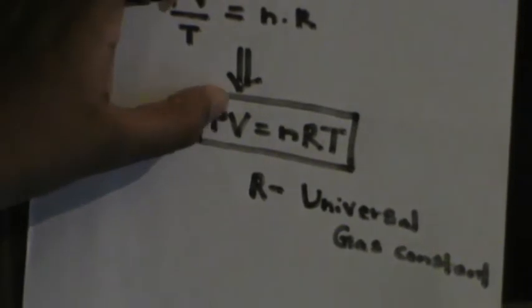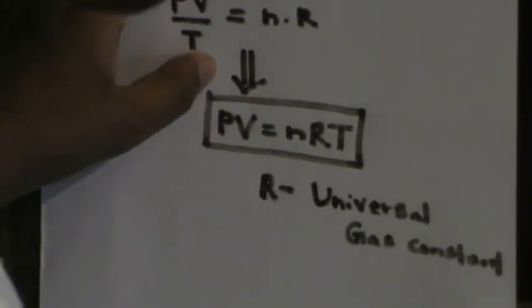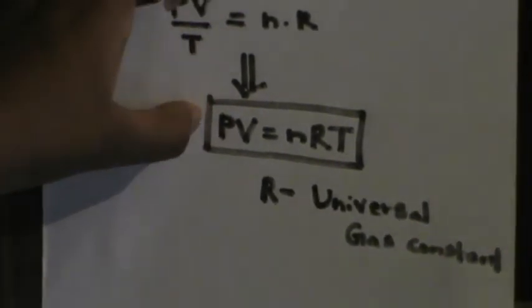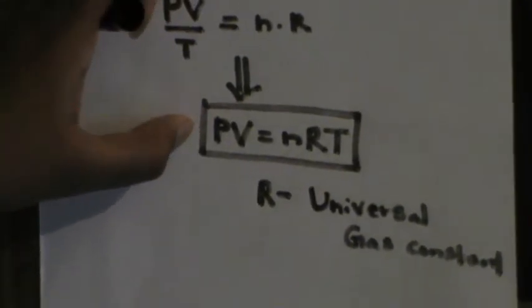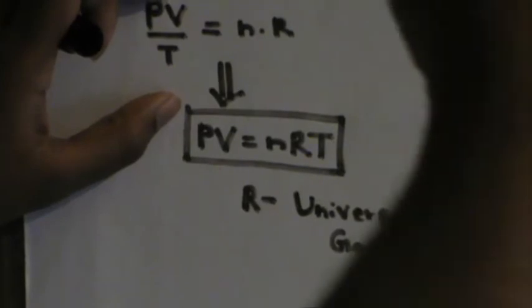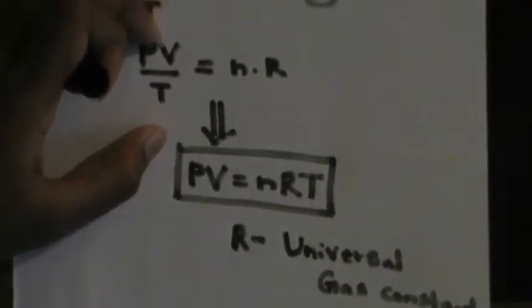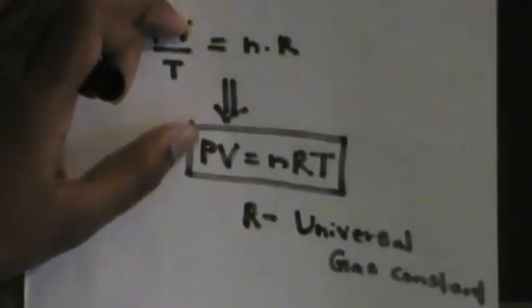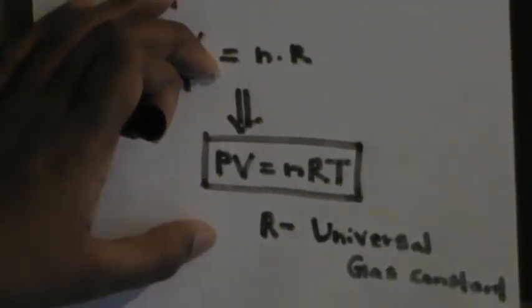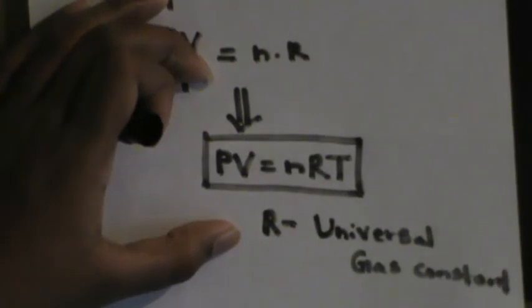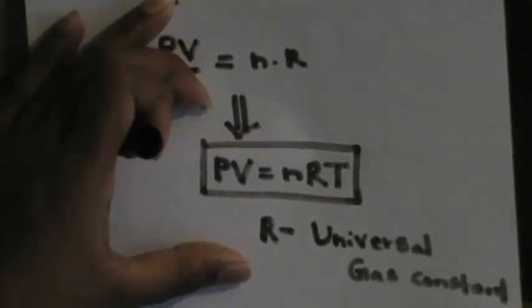PV equals nRT is normally used for ideal gases. You may have heard what an ideal gas is if you watched my videos on the kinetic theory of molecules. An ideal gas obeys the gas laws. Real gases normally deviate from the gas laws, though in calculations we assume that real gases behave as ideal gases.